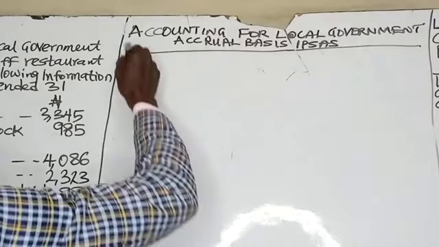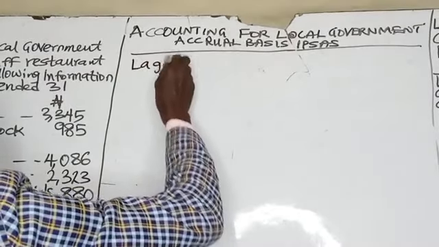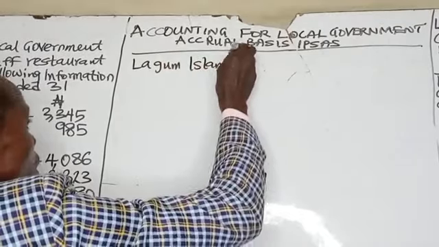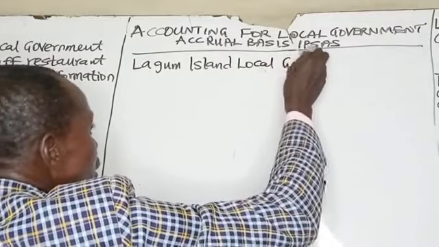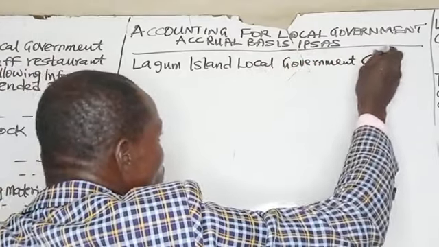The name of the local government is Lagos Island Local Government Council.